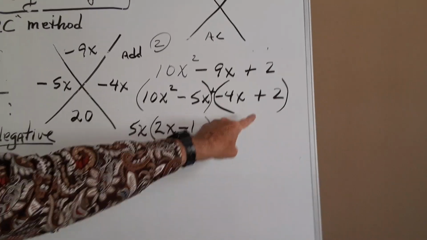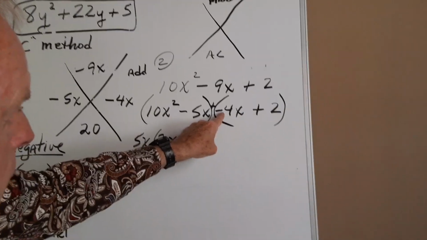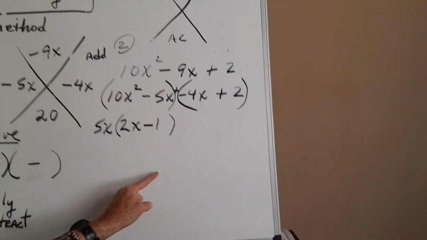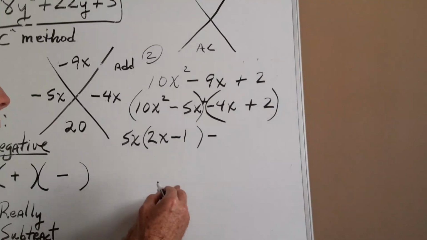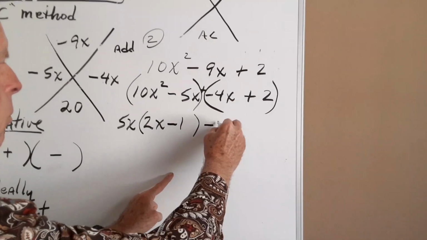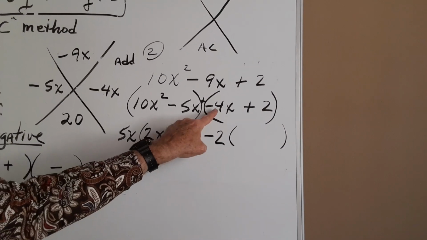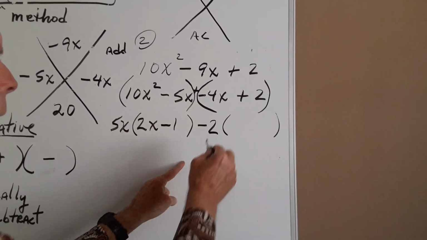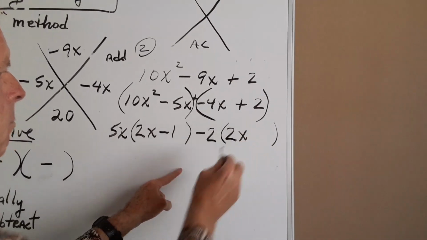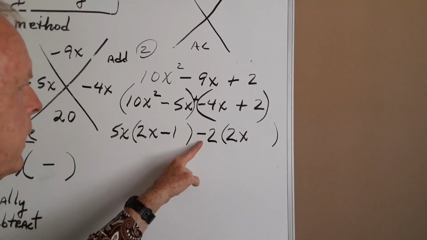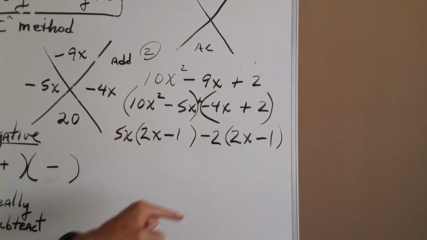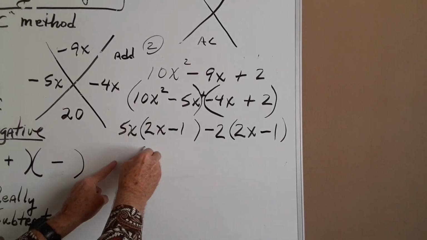The second one begins with a negative, so you're going to have to pull out a negative and a 2. Negative 2. Divide twice. Negative divided by negative. Positive divided by negative. There's the common binomial factor.